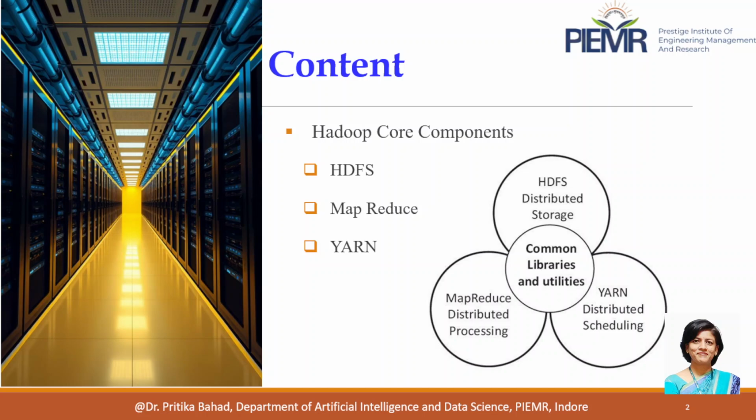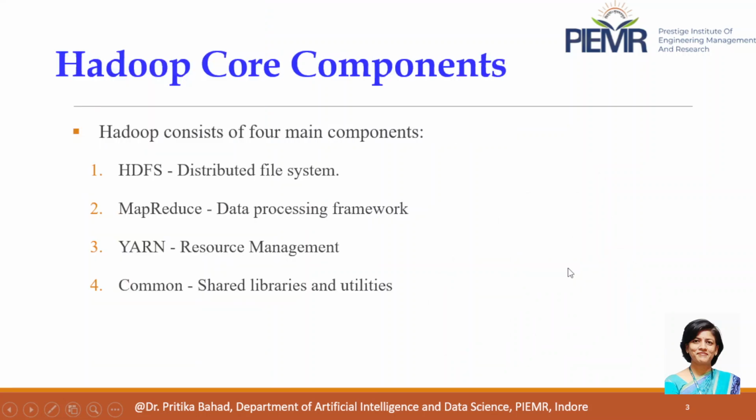In this session, we will discuss Hadoop core components that include HDFS, MapReduce, and YARN, along with common libraries and utilities. HDFS is a distributed file system. MapReduce is the component responsible for data processing.